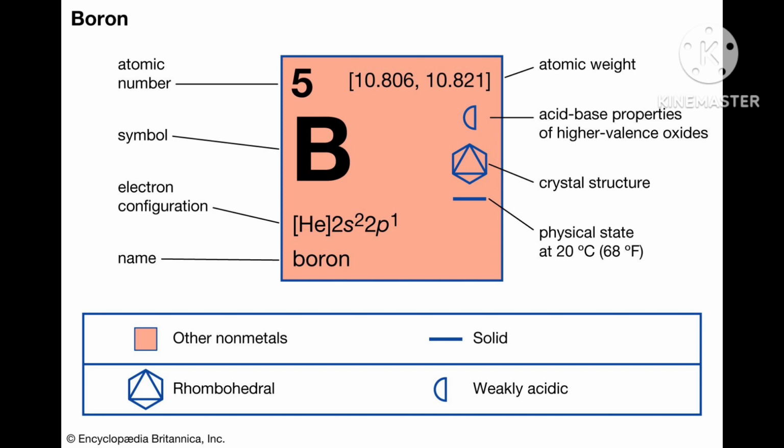Certain important trends can be observed in the chemical behavior of group 13 elements. The trichlorides, bromides and iodides of all three elements, being covalent in nature, are hydrolyzed in water.